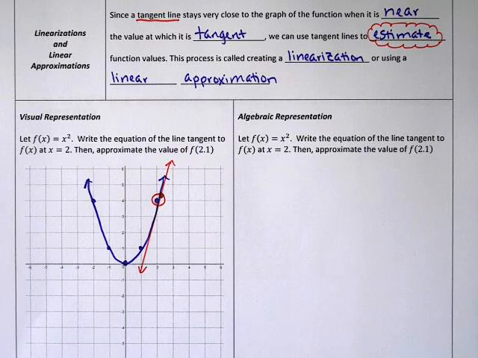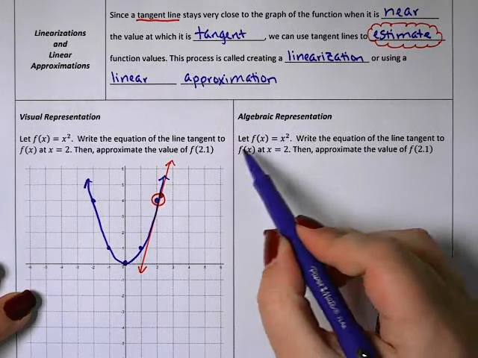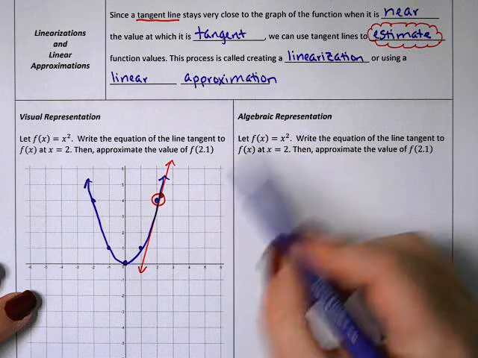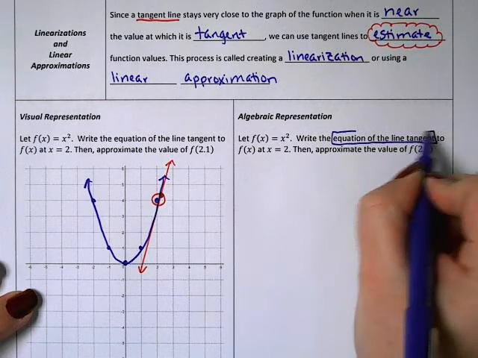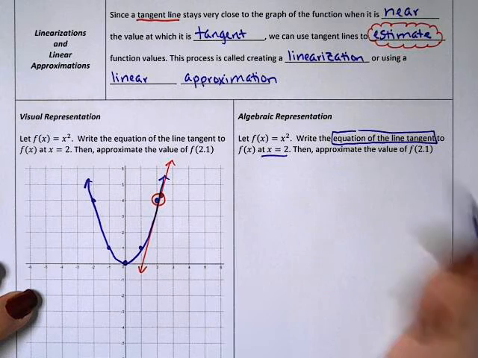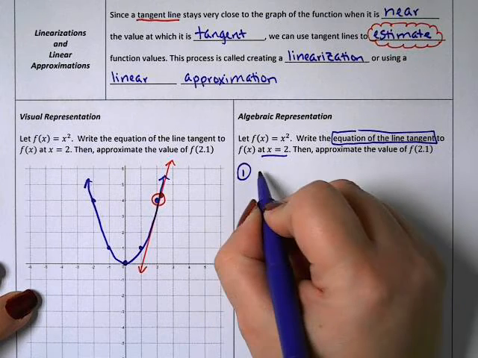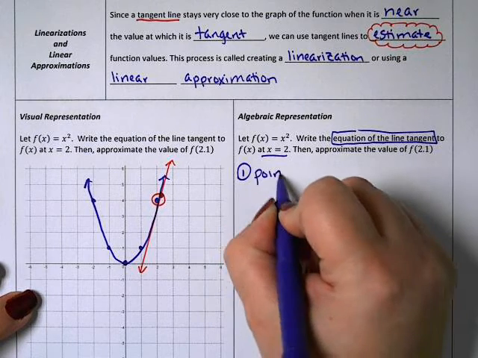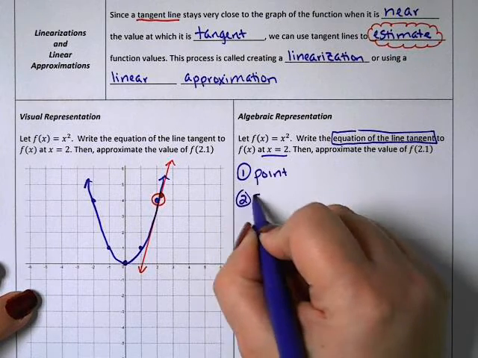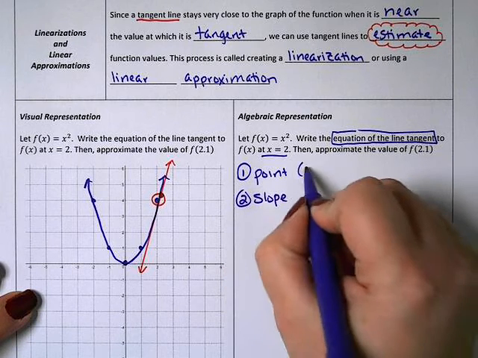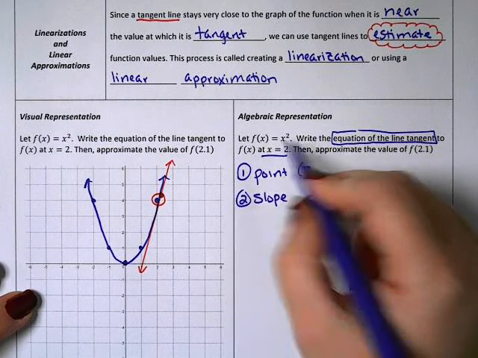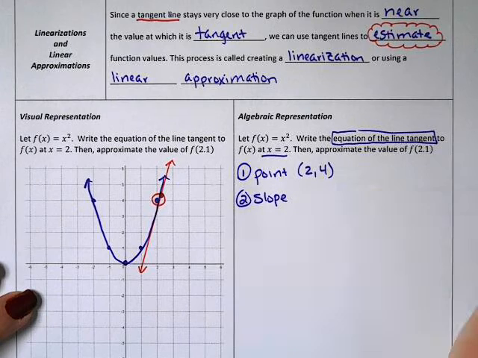So let f of x equal x squared. It's the same function. Write the equation of the tangent line at x equals 2. If we're writing the equation of a tangent line, we need two things: the point and the slope. They're telling us it's at x equals 2, so my x value is 2, and if I substitute that in, my y value is 4.